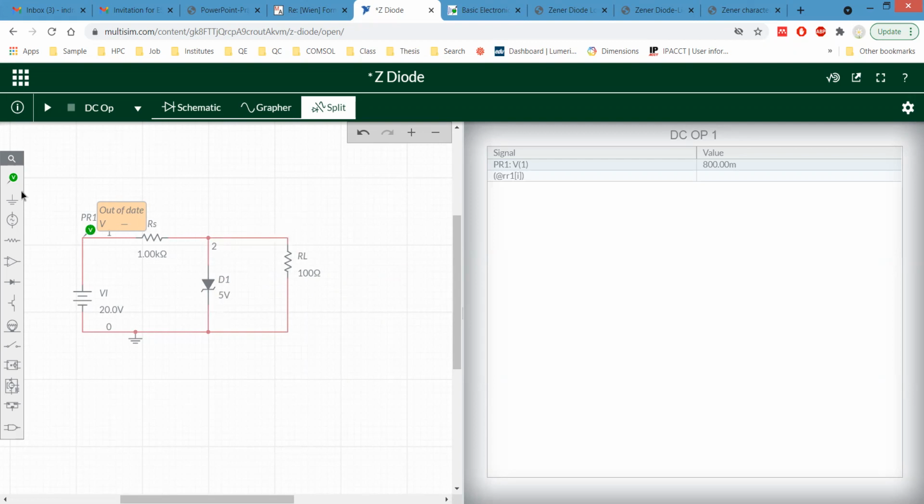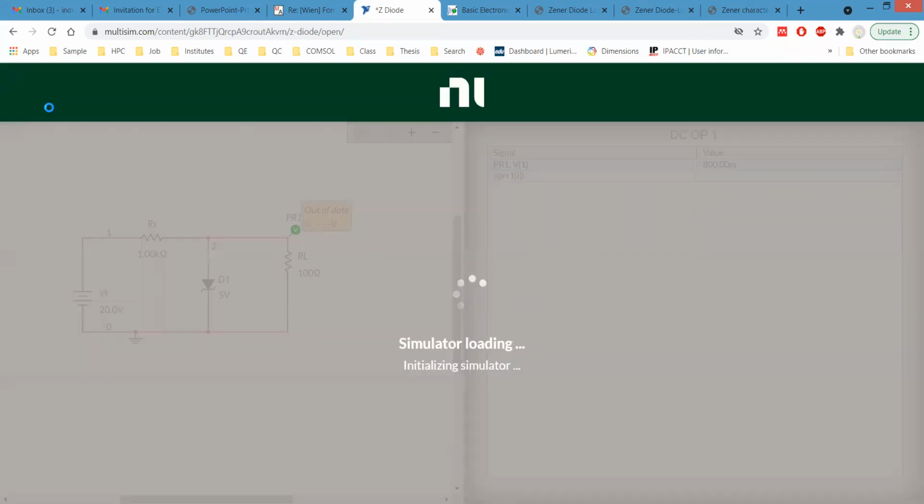So let's remove it from here. Let's connect. Now just have some data for this value.